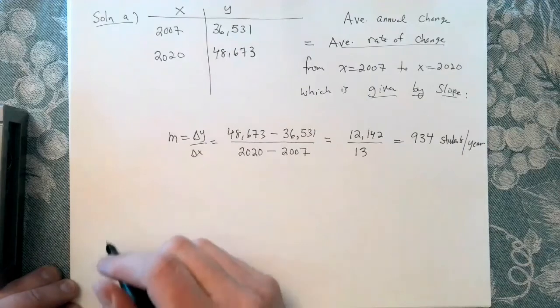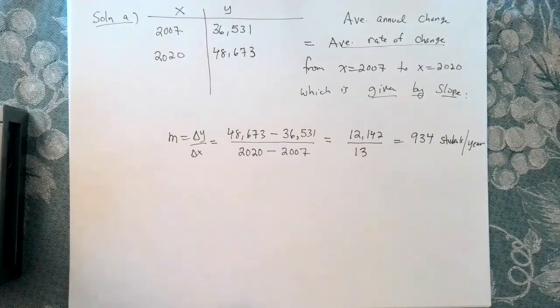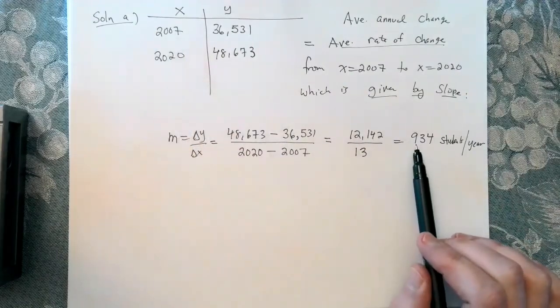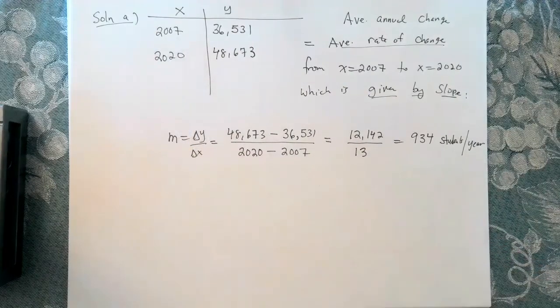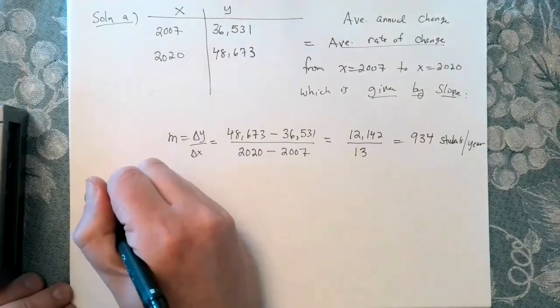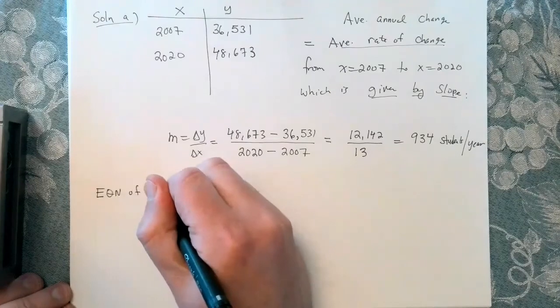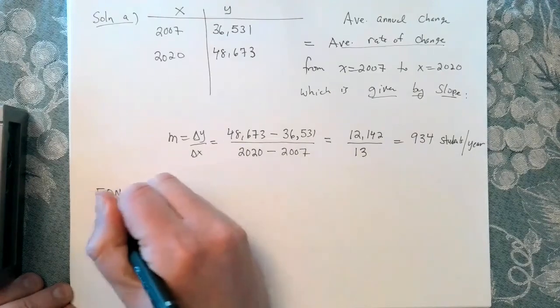So on average, between here and here, I increased 934 students per year. So let's give the corresponding equation of the line. And let's use, how about point slope?